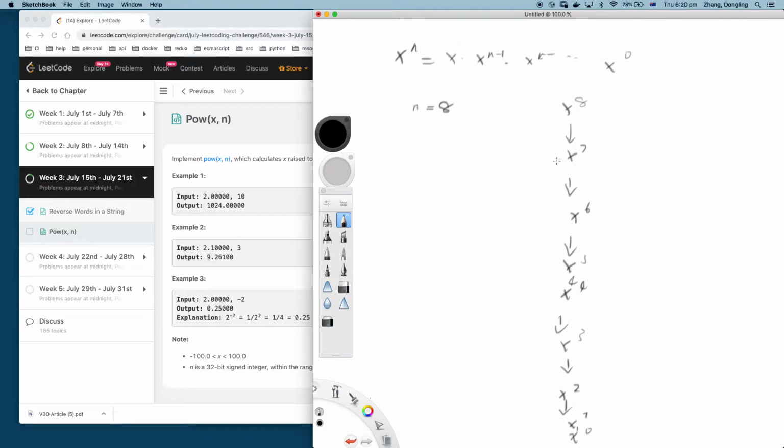You could recursively keep looping it, but we could also think about it like this.